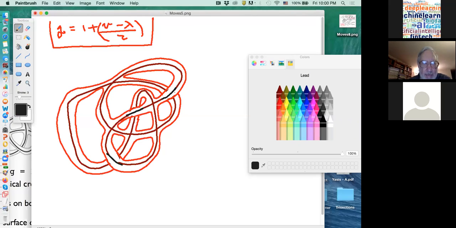Now, one node, two nodes, three nodes, four nodes, five nodes. So V is equal to 5. Now what about lambda? Well, I'll mark that one and take a walk. Did I traverse that? I think I did.